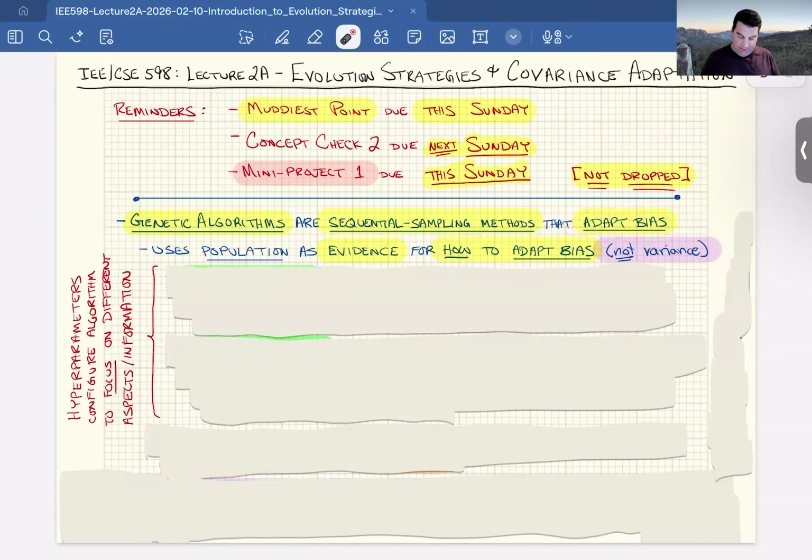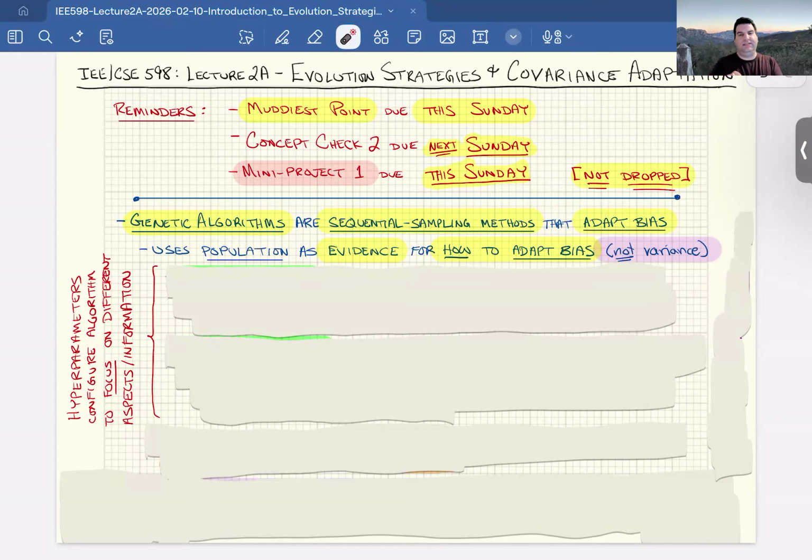What we mean by that is that we're using the population, the individuals that are generated, to sample the fitness space, and then use that as evidence for how to adapt their bias in where they're sampling. So the actual sampling approach, once you are centered, doesn't change. You mutate the same way, regardless of where you are in the genotype space, in your decision space, in your solution space.